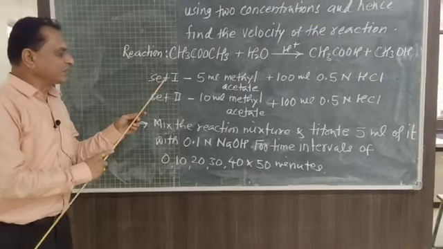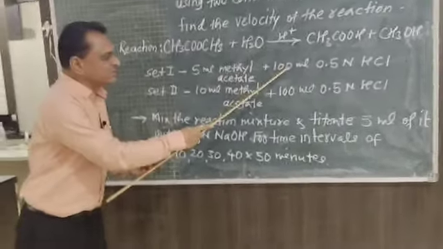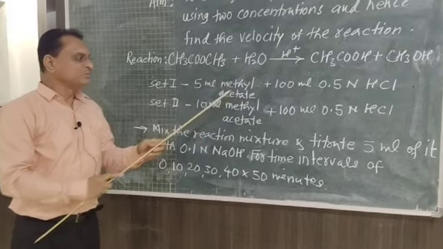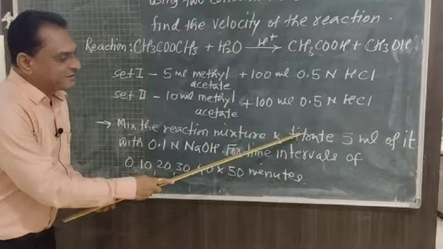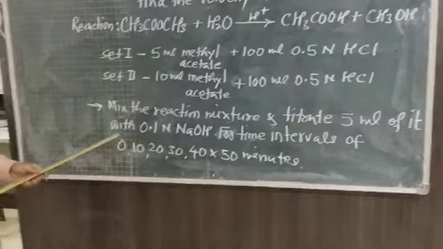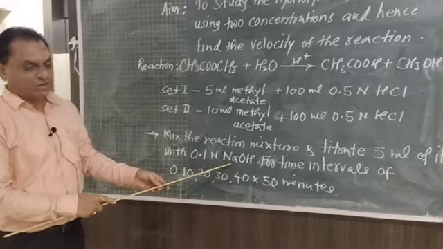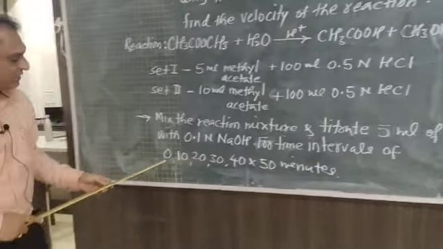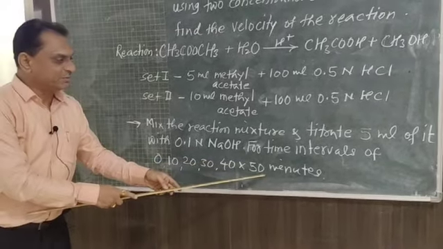For set 1, you have to take these two mixtures in a separate water bath and mix these two reaction mixtures and titrate the 5 ml of reaction mixture with 0.1 normal NaOH in presence of phenolphthalein as an indicator for the time intervals of 0, 10, 20, 30, 40 and 50 minutes.